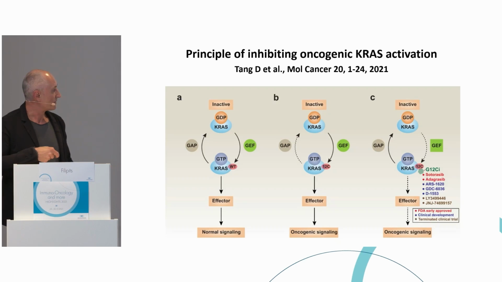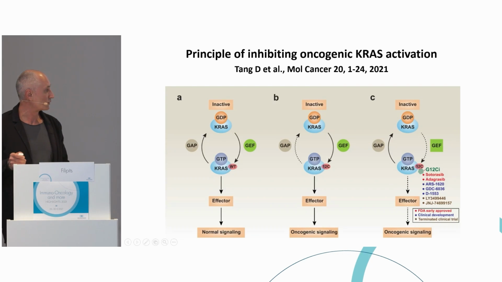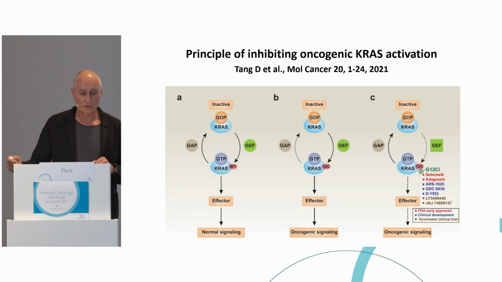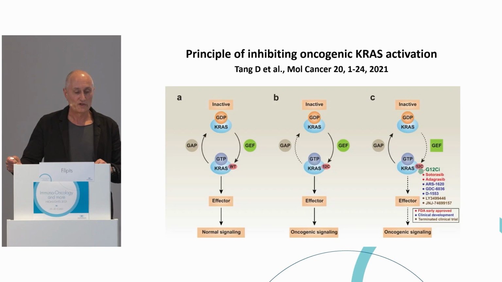Now, with the new inhibitors, which directly affect this mutation at codon 12, for example, sotorasib or adagrasib, which are two of the inhibitors which have recently been granted breakthrough therapy designation by the FDA. So they should be important.